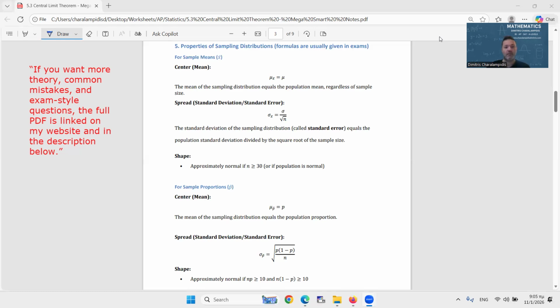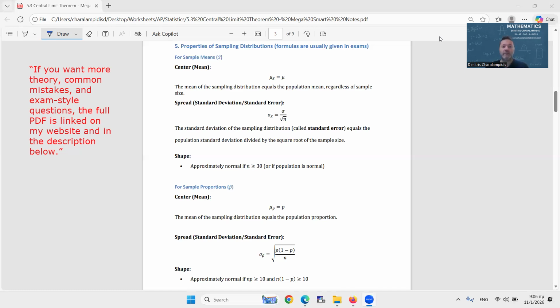That standard error would be equal to the population standard deviation, the actual standard deviation of the population, divided by the square root of the sample size, by the square root of n. Now, it's a fraction, so as the sample size increases, the denominator will become larger, so the standard error becomes smaller. And that's something that should come naturally. We increase the size, the standard error gets lower.